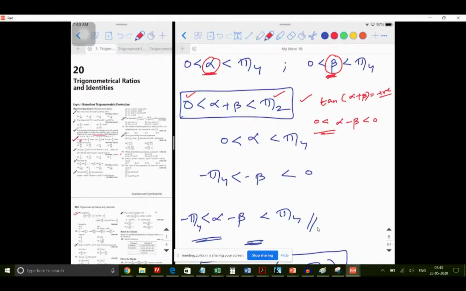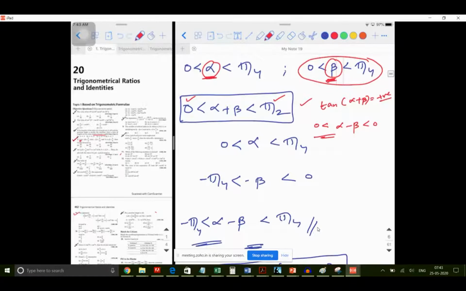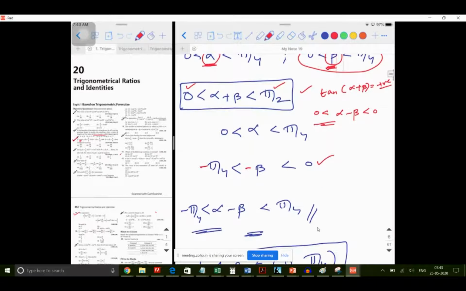So for that, what we have done is, you multiply with a minus sign on both the sides. When you multiply with a minus sign, the inequality gets reversed. So it will become minus pi by 4 is less than minus beta is less than 0. Now this value and this value we add, and you will get minus pi by 4 to pi by 4.